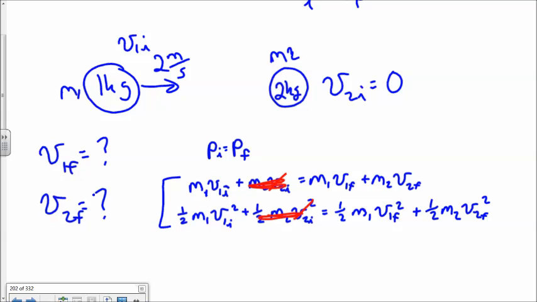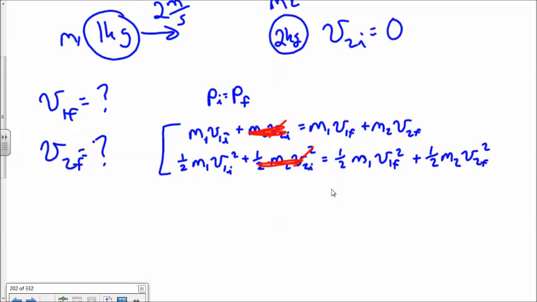But I'm going to take a couple steps. We'll get you out in just a couple minutes. So if I take this equation and I solve it for v1f, I can get an expression for v1f, and then I can plug that back in up here, and then solve for v2f.